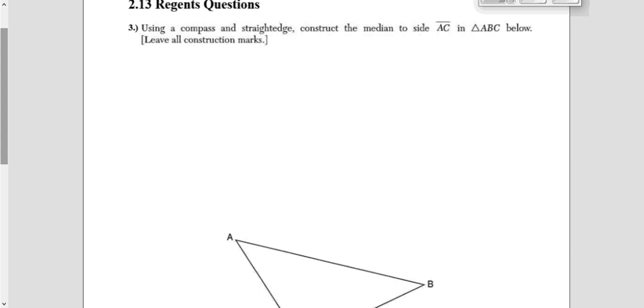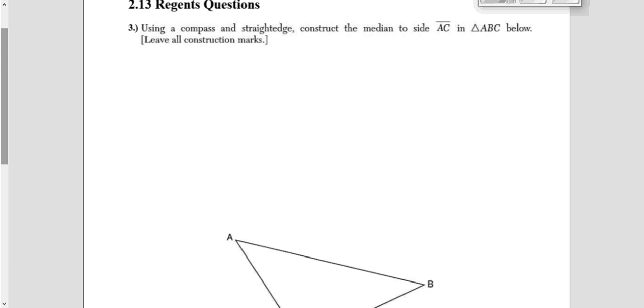Well, that'd be a side, actually. To go from one vertex to the other, that's a side. To the midpoint of the opposite side. How do you find the midpoint of that side? Which construction? You can also do it like you would do an angle bisector. No, because this is median.